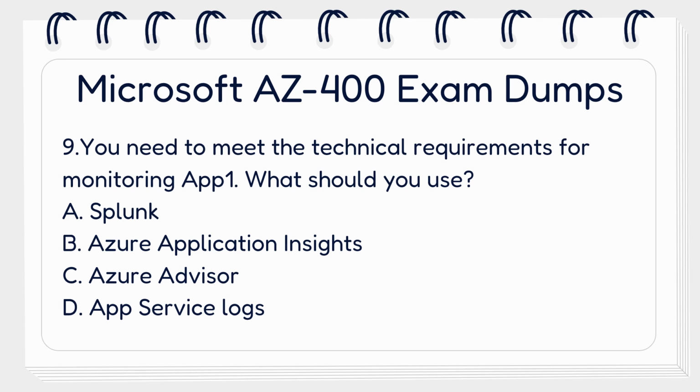You need to reduce the impact that running the Spark-based queries has on the database users. What should you implement? A. Azure Synapse Link. B. A default consistency level of consistent prefix. C. A default consistency level of strong. D. The Spark connector.